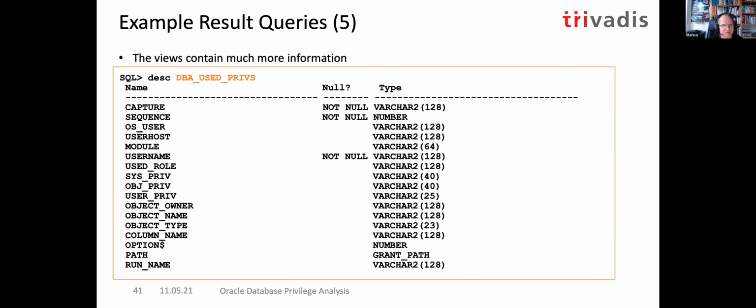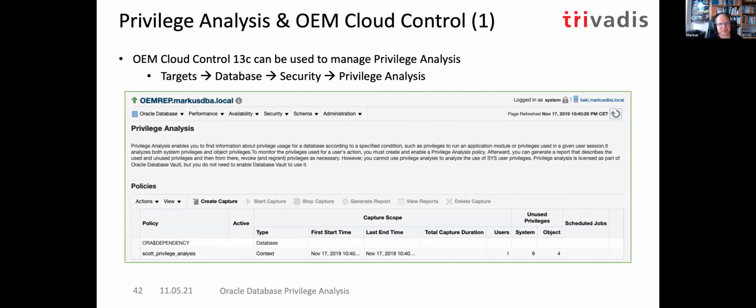Here's the DBA_USED_PRIVS view. It tells you even more about the operating system user, the host, the module, the DBMS application info. So it's a full view and provides you all the information. We can find the same information in Enterprise Manager Cloud Control.